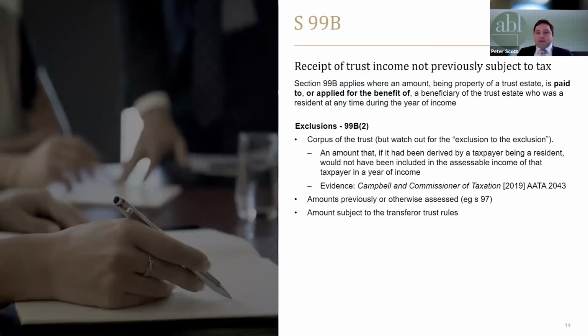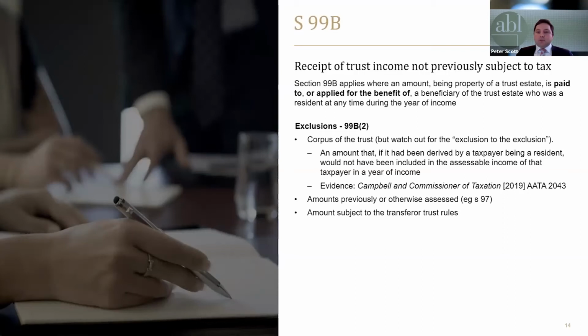So we can see that it's aimed at circumstances where there's an amount which is property of a trust, foreign trust, or arguably a foreign trust estate, and that is paid to or applied to the benefit of the beneficiary, being an Australian resident. So there's two potential limbs that you may have to consider. The first is relatively straightforward, that there's been a direct payment.